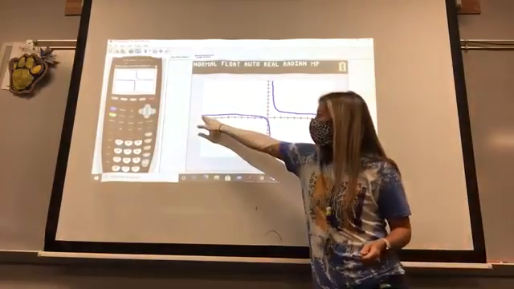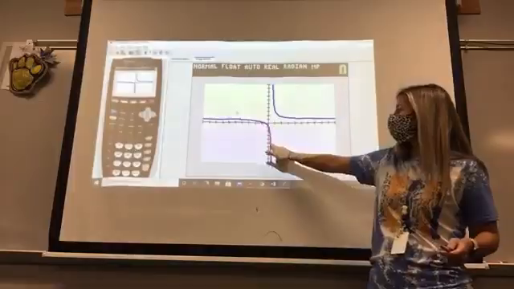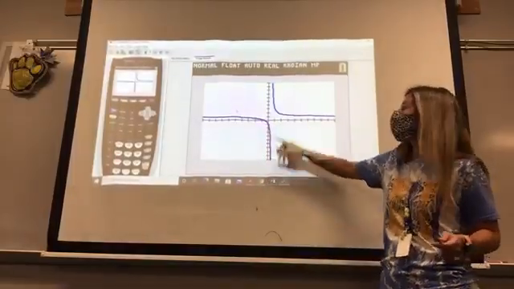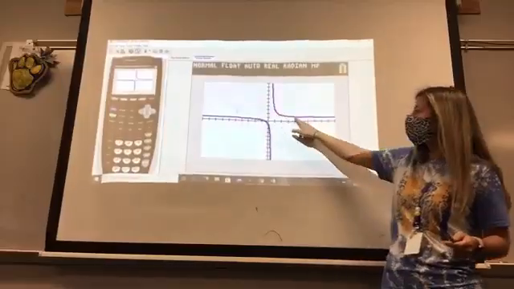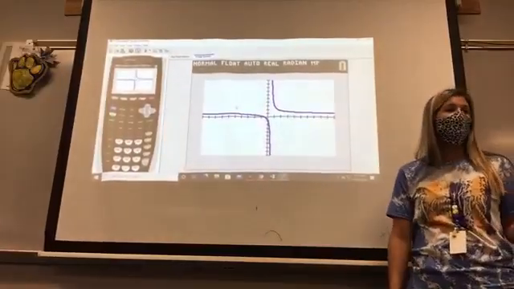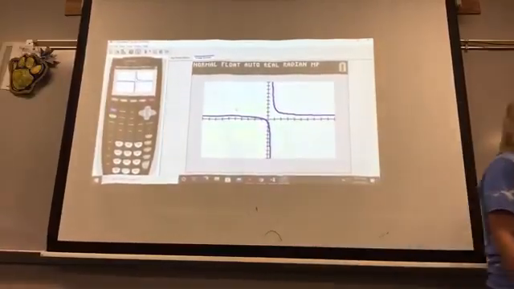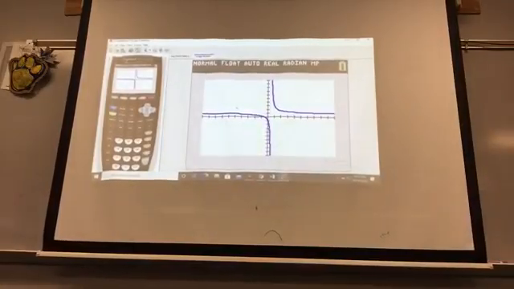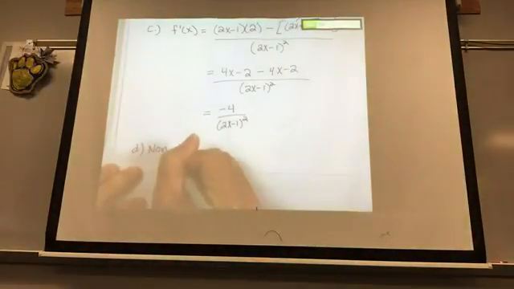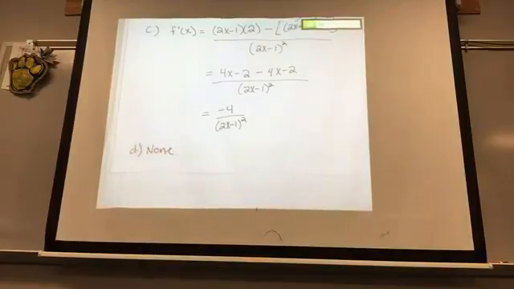This curve right here is always decreasing. This curve is also always decreasing, so is it ever going to have any horizontal tangents? No. How can I justify that? No max or mins. There's none. It said determine those points where f of x has a horizontal tangent, there's none.